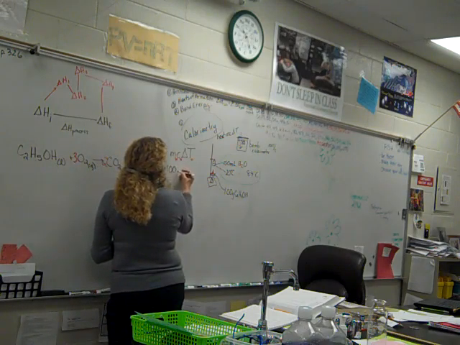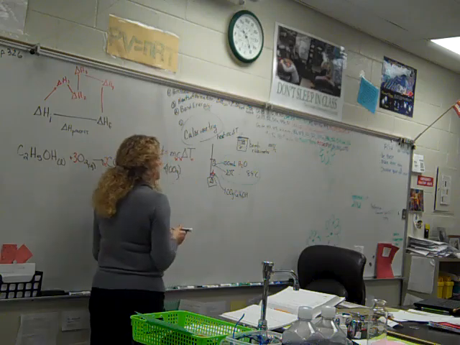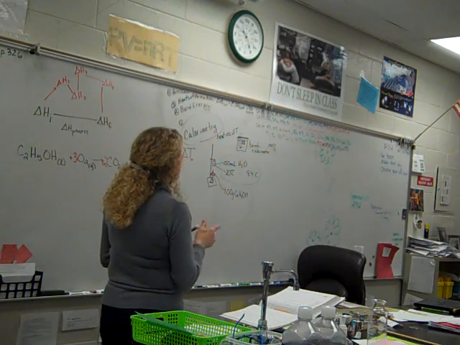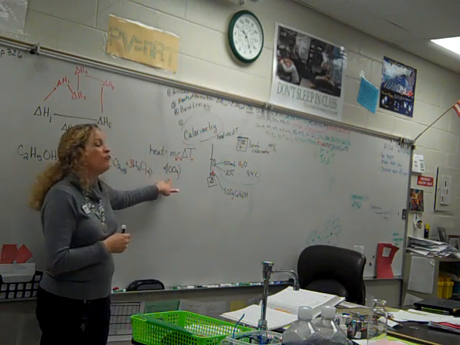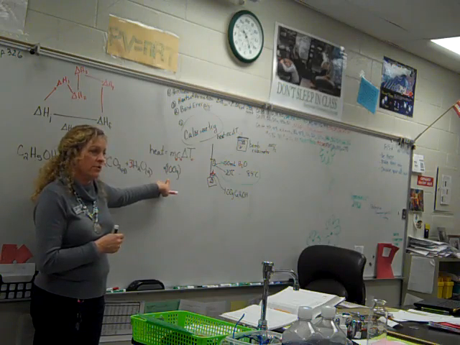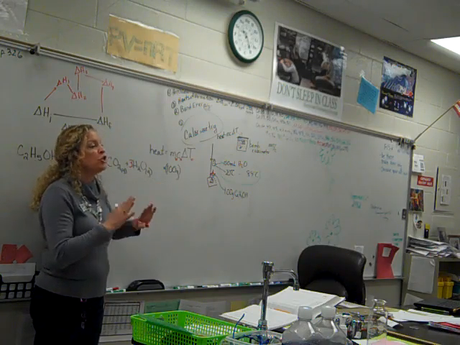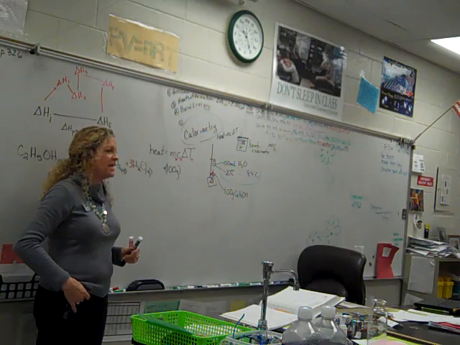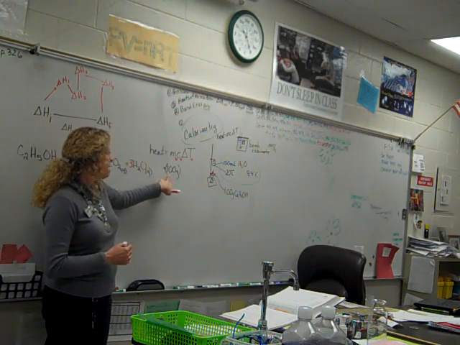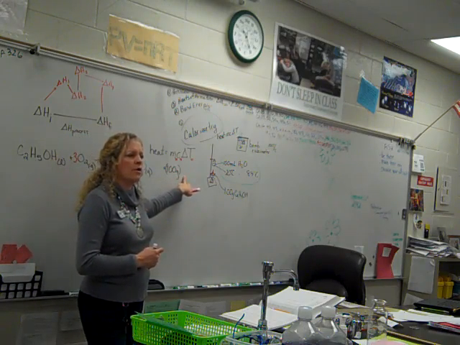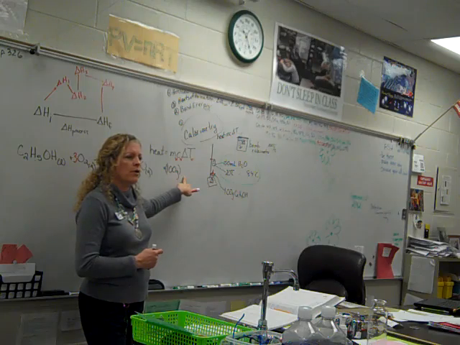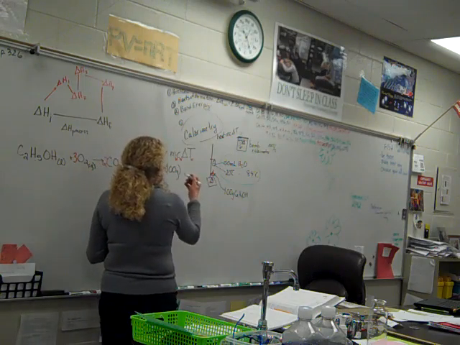Water has a density of 1 gram per milliliter. You can assume that unless it's stated otherwise. Okay? Who knows the specific heat of water? It's 4.18. Very good.